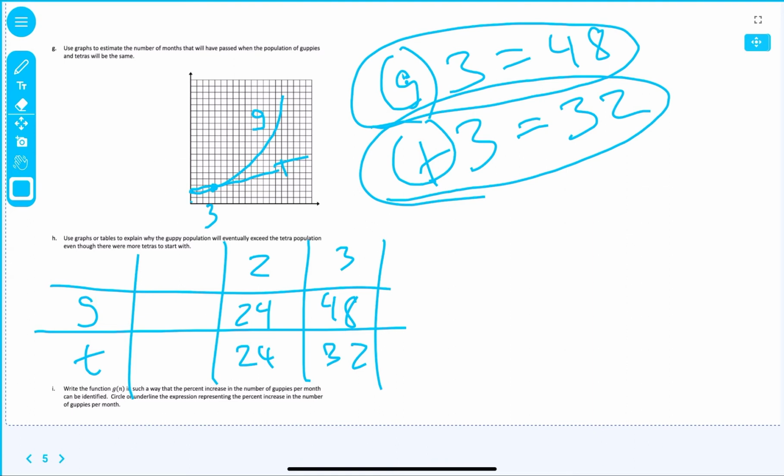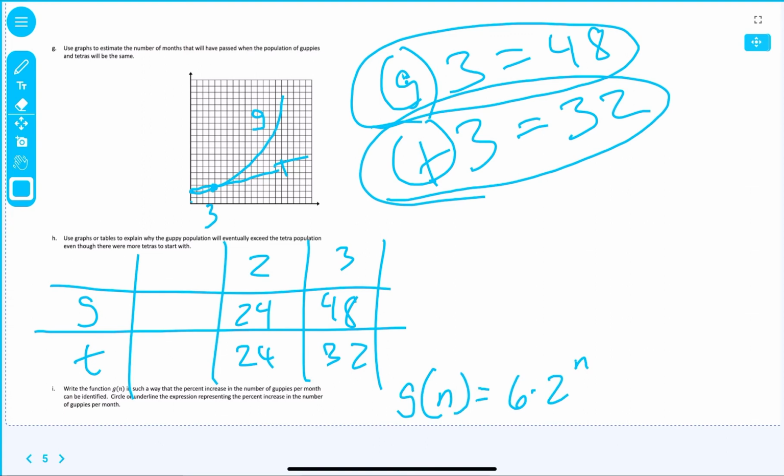It says, write the function g of n in such a way that the percent increase in the number of guppies per month can be identified. Circle or underline the expression representing the percent increase in the number of guppies per month. So think about it. We were doing 2 to an exponent, right? Well, what would that be in percents? We're going to have g of n equal to 6 times 2 to the n.